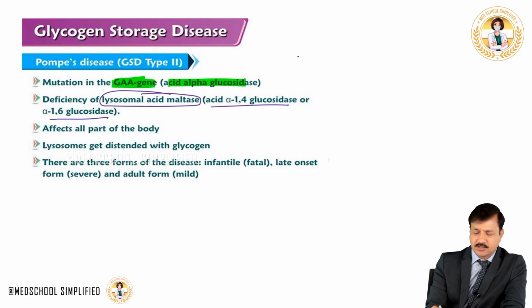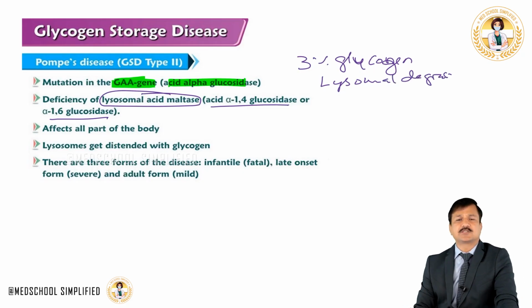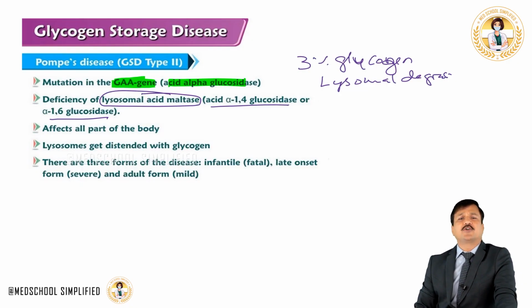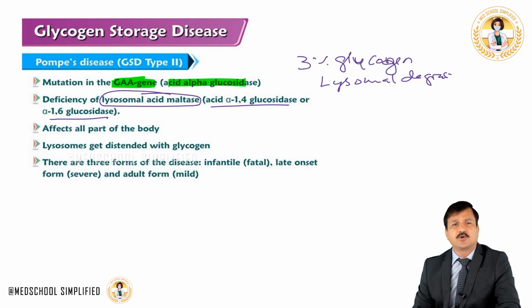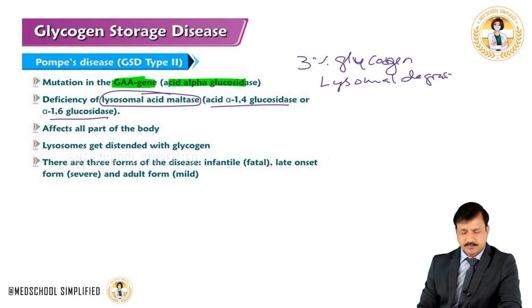Remember, about 3% of glycogen present in the cytoplasm is degraded in the lysosome by these enzymes. Acid alpha 1,4 glucosidase breaks alpha 1,4 bond, and acid alpha 1,6 glucosidase will break alpha 1,6 bond and release glucose.